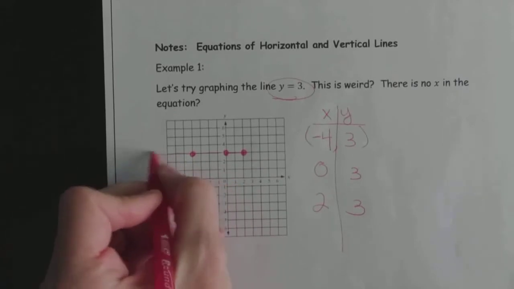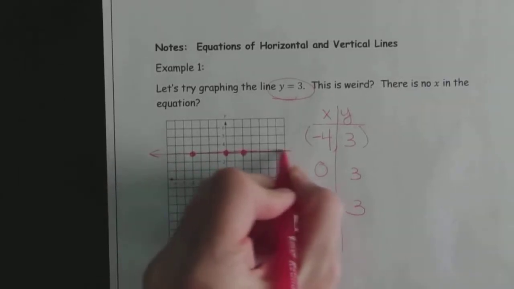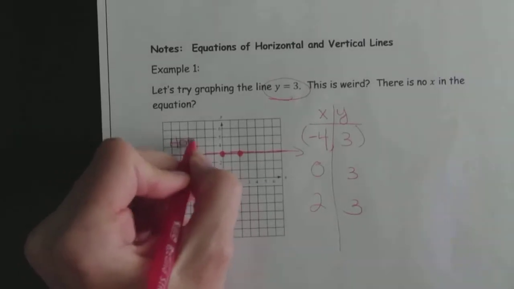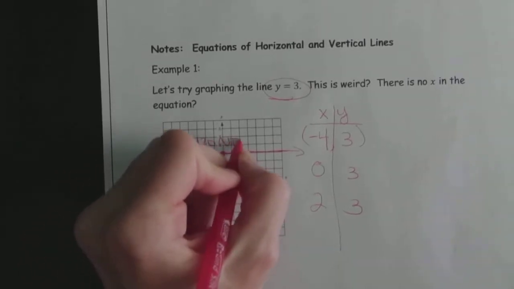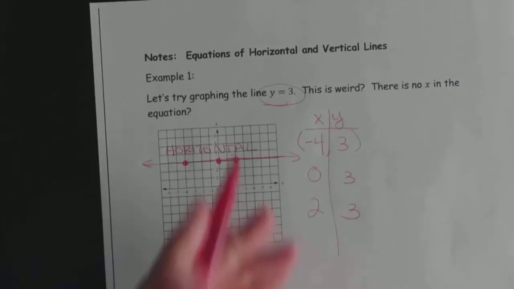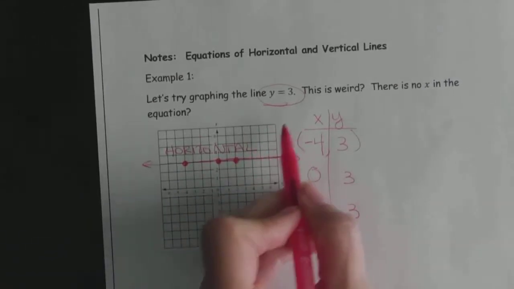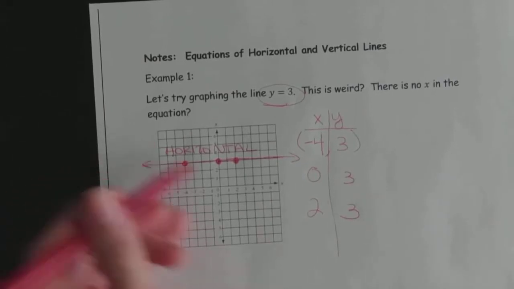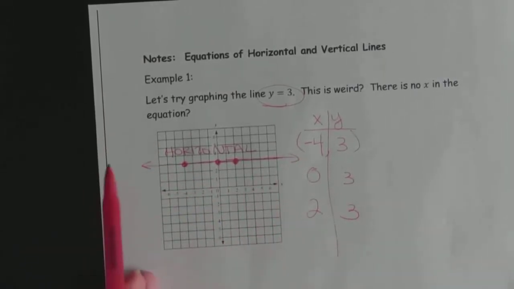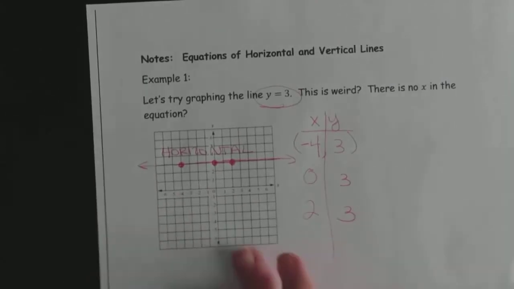If I connect those dots, they line up in a horizontal fashion. So this is a horizontal line. Cool. That's why it's special. See, most of our lines have been on a diagonal, either with a positive slope or a negative slope where it drops from left to right. This is straight up horizontal.